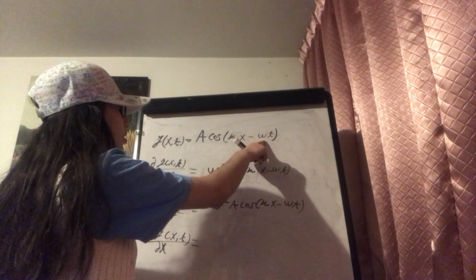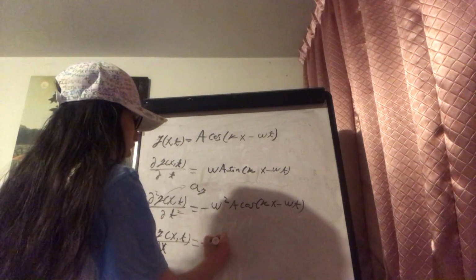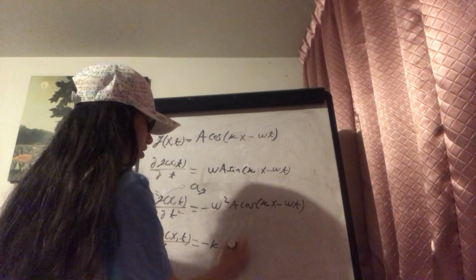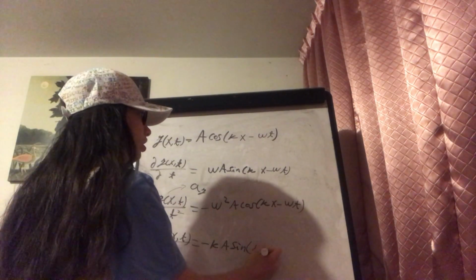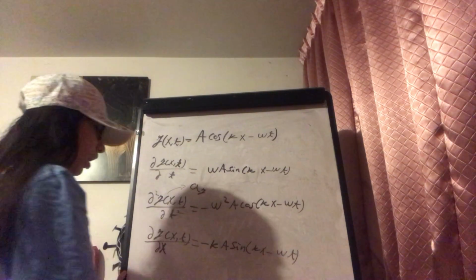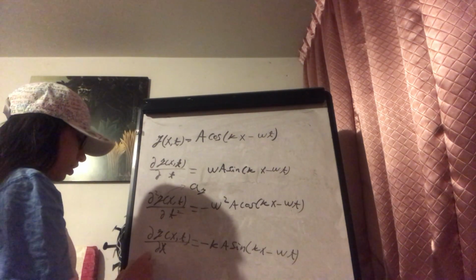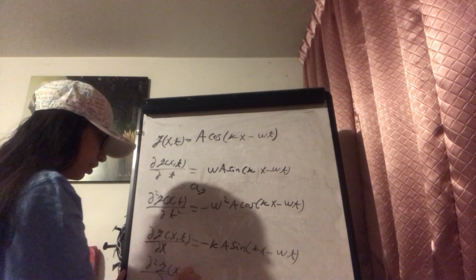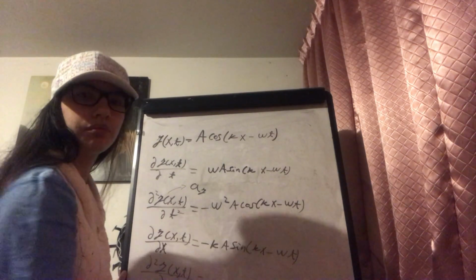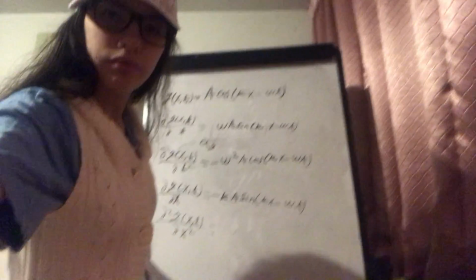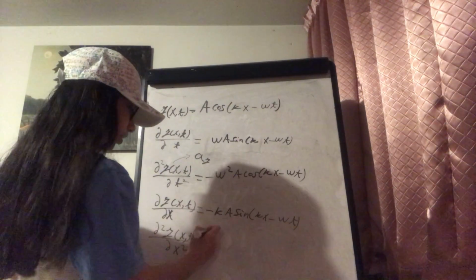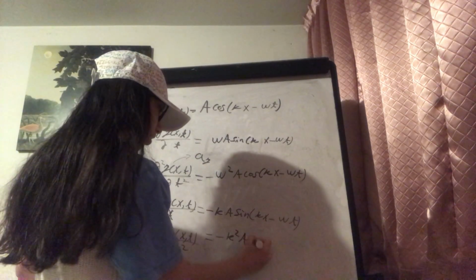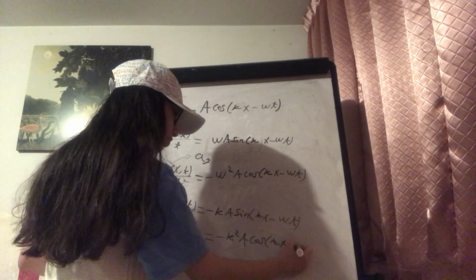Now we are holding t as a constant, so we just have minus kA sine of kx minus omega t, and the second partial derivative of y of x,t with respect to x would be minus k squared A cosine of kx minus omega t.